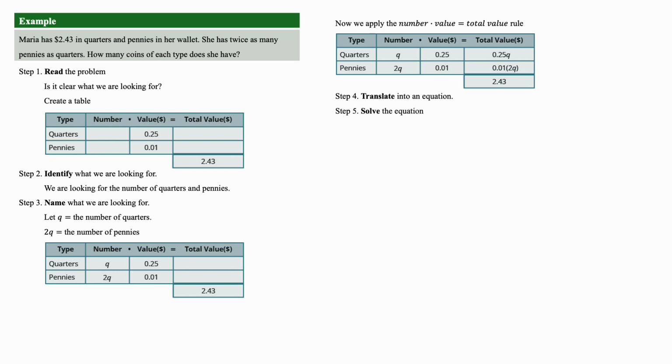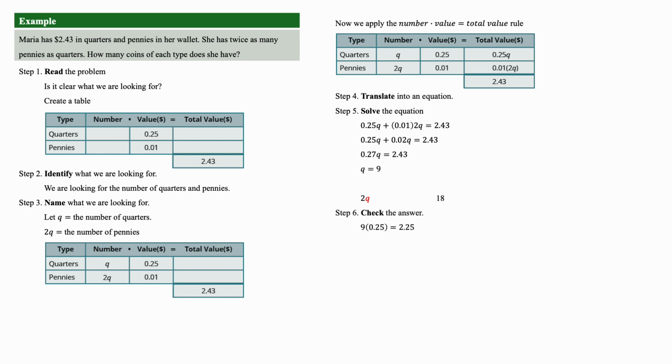We're going to translate this into an equation and solve the equation. So 0.25Q plus 0.01 times 2Q is 2.43. Then we do a little simplification, and we get the total number of quarters is 9. And then we have to find the total number of pennies, which is twice as many as quarters. So we do 2 times Q, which is just simply 2 times 9, and we get 18. So we have 18 pennies.